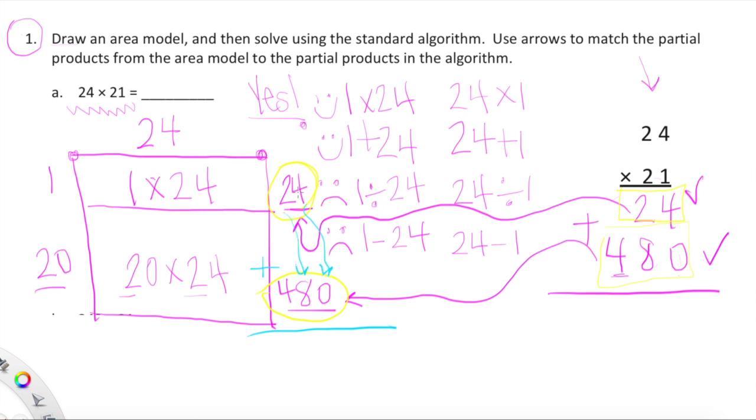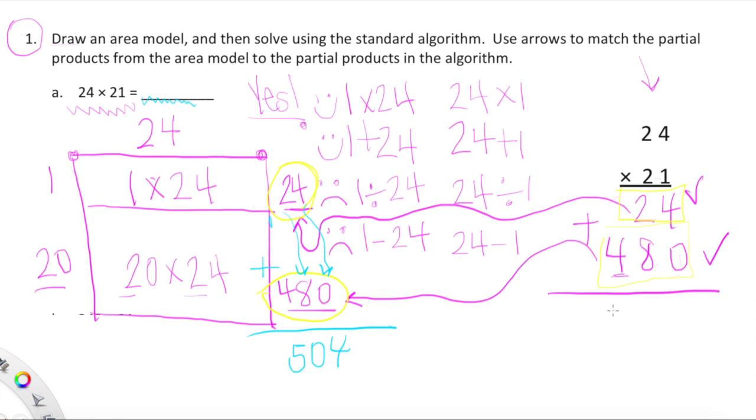So let's make sure when we're adding our ones place value together, we're looking at 4 plus 0, which is 4. We have to add these 2 partial products together in order to find the final product. So we have 4 plus 0 is 4, and we have 2 plus 8 is 10. Bring over a 1, and we're looking at 1 plus 4, which is 5.